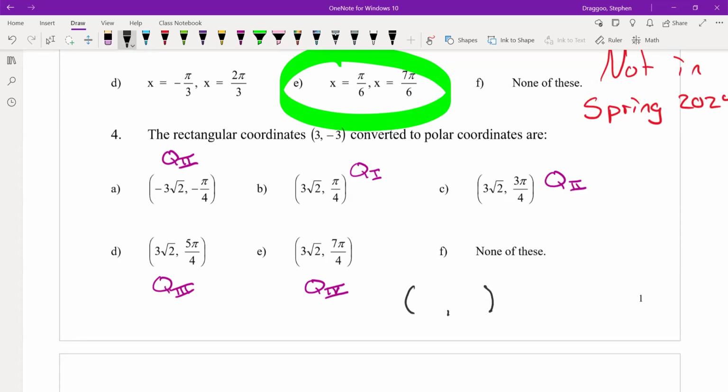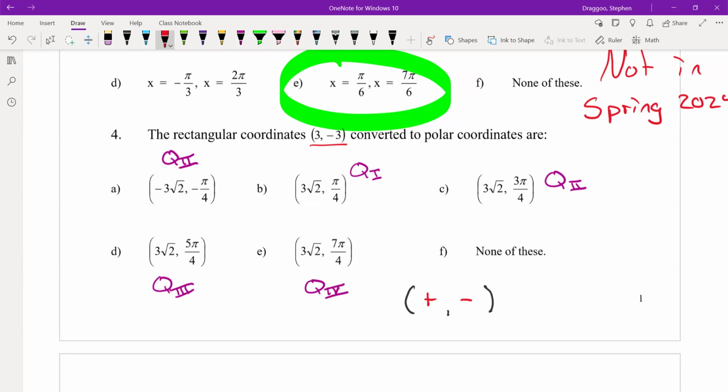I don't really need to know the exact values of x and y in order to figure out what quadrant it is. I just need to know the positive and negative signs on x and y. And on the point that we have, 3, -3, x is positive and y is negative.